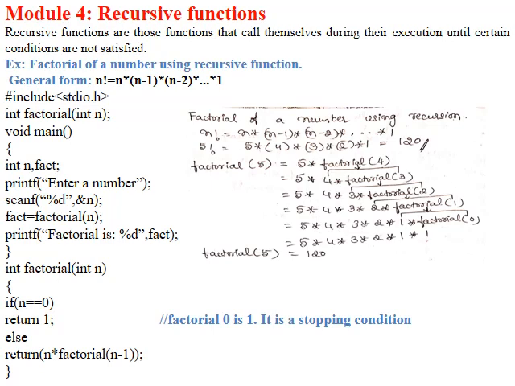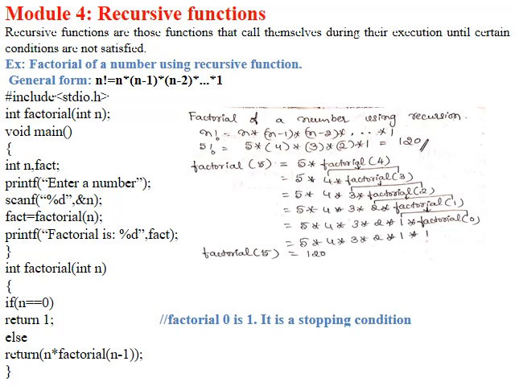So again factorial of 2 means again the factorial function is called. So control will again come back to int factorial(int n). Now the value of n is 2. So the condition n is equal to 0 is checked first. Since 2 is not equal to 0, again the else part will be executed. Return n into factorial of n minus 1.